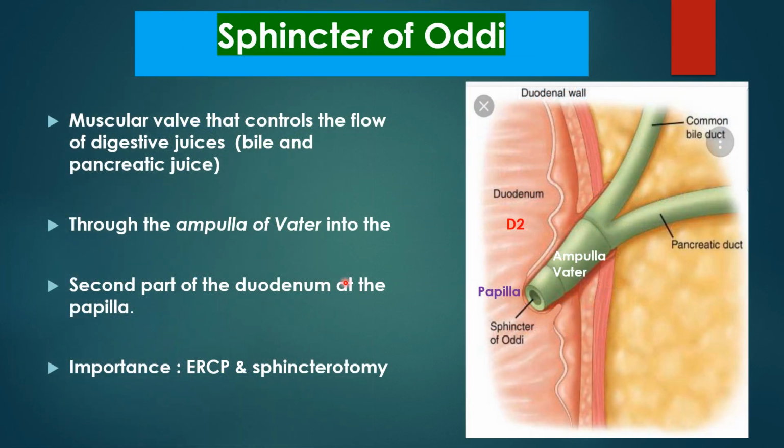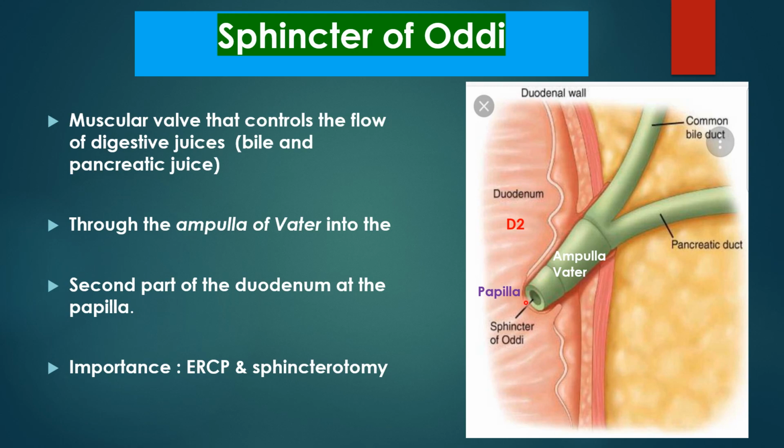Okay, now a close-up view of the ampulla of Vater and the sphincter of Oddi. This is the fourth part of the CBD, which is formed by the common bile duct and the pancreatic duct within the wall of the second part of the duodenum.